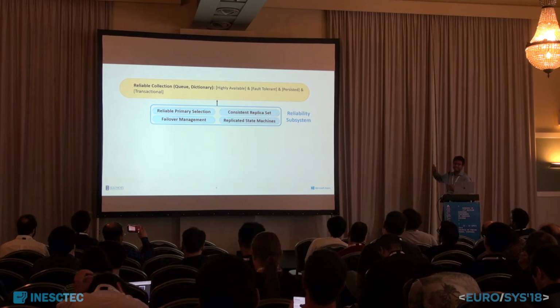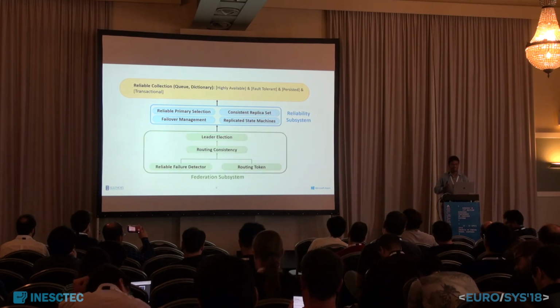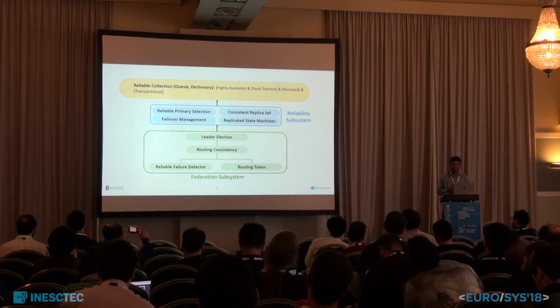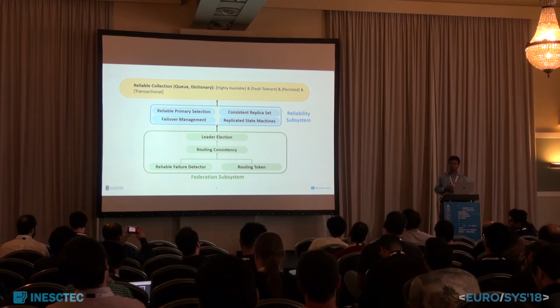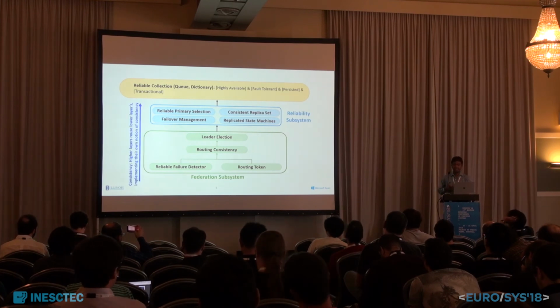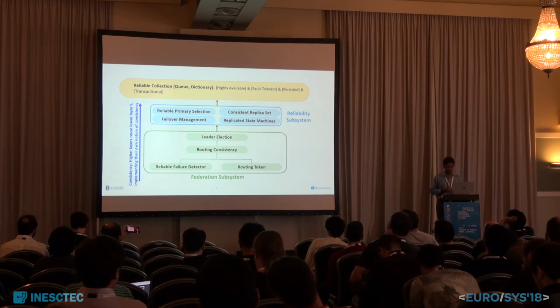To ensure this, the reliability subsystem depends on its immediate lower layer, the federation subsystem, where the reliable failure detector and routing token form routing consistency, which in turn solves the leader election problem. Thus, the higher layer benefits from the lower layer exporting its notion of strong consistency.